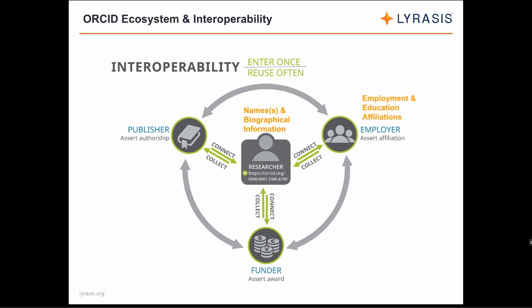Research institutions can provide education or employment information at the very least, while funding organizations can add information about grant funding received, and publishers can update records with works and peer review information, for example. So when all stakeholders are plugged into the ORCID registry, they can all benefit from the data shared. Research institutions across the globe are increasingly interested in ORCID because it provides a unique, persistent identifier for individual researchers and serves as a reliable infrastructure for streamlining workflows across the scholarly communications ecosystem.